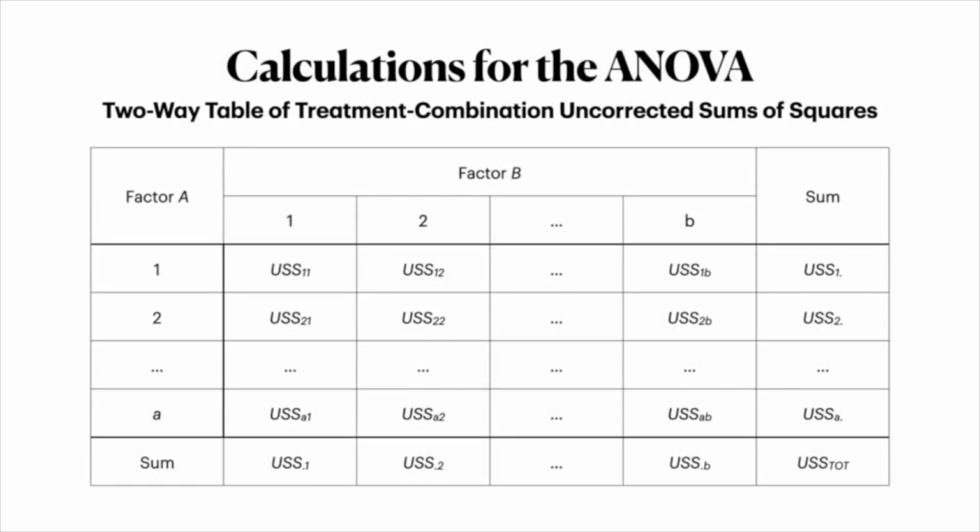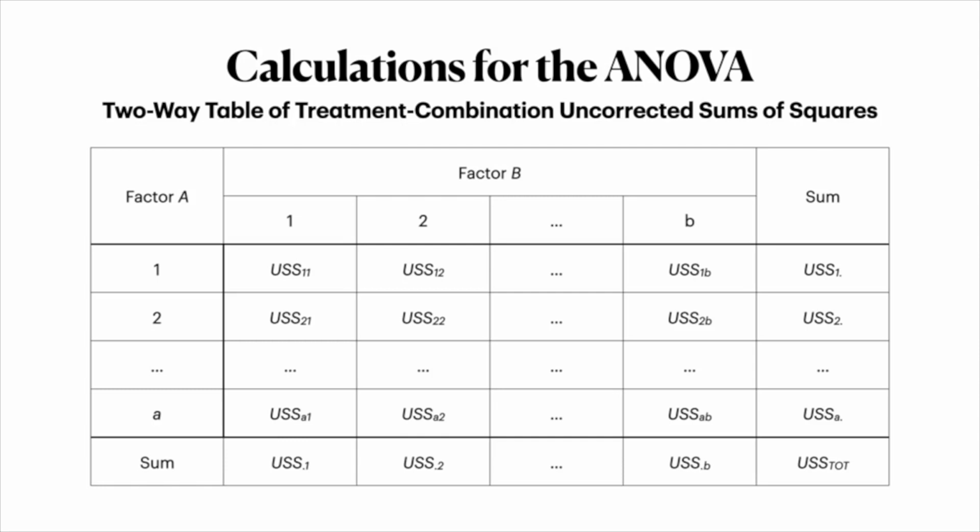And so here is what that looks like, this two-way table of treatment combination uncorrected sum of squares. Ultimately, what we're after here is the bottom right corner, the USS tot, the uncorrected sum of squares total. All right. Now, those could be used in performing the calculations for constructing the basic or condensed ANOVA table.